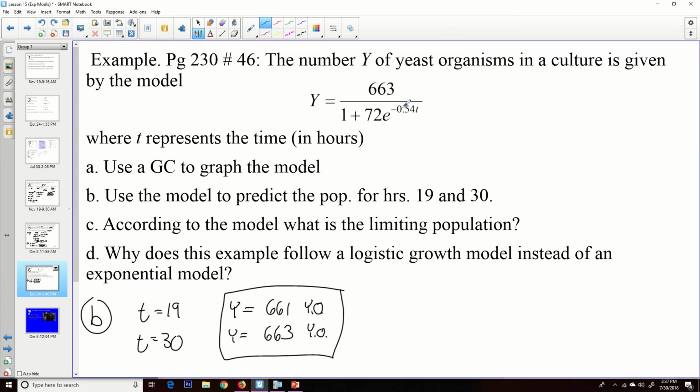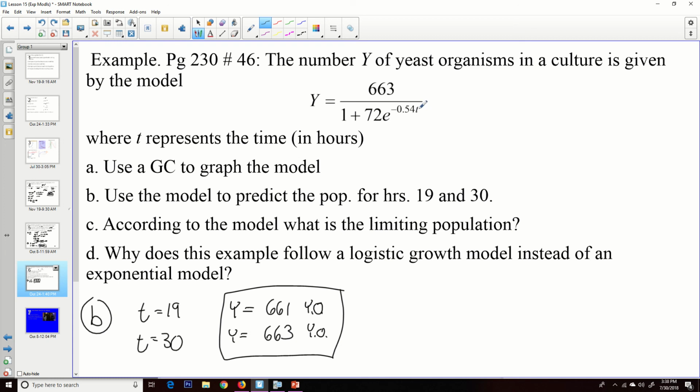All right. So when t is 0, e to the 0 will be 1. 1 times 72 is 72, plus 1 is 73, and then 663 divided by 73. Now, what happens as t gets bigger?